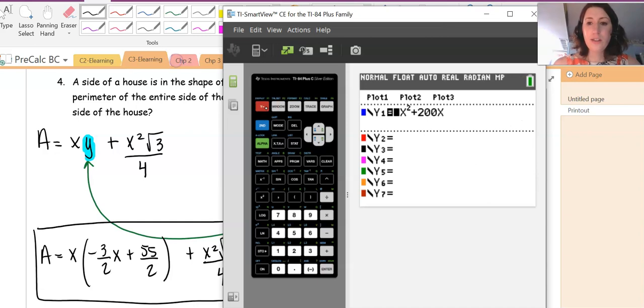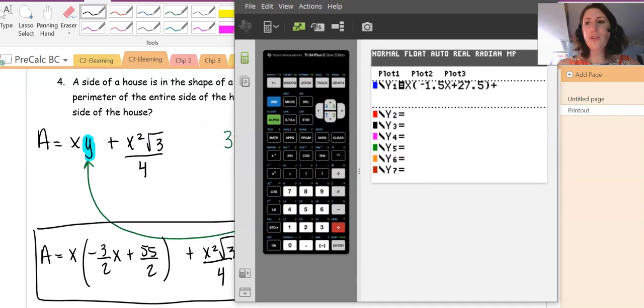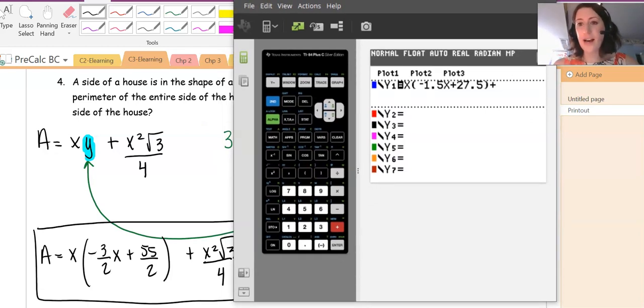Okay, so let's go to our y equals. x parentheses negative 3 halves, which is negative 1.5, x plus, that should be what, 27.5? Okay, plus, I don't know if your teacher showed you this last year, but there's this little thing called alpha y equals enter that makes your life completely better.